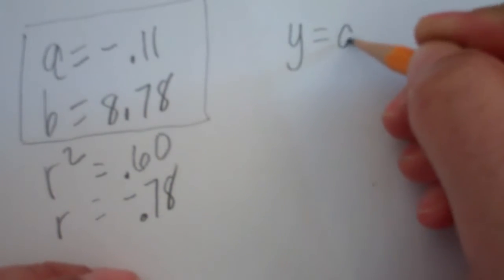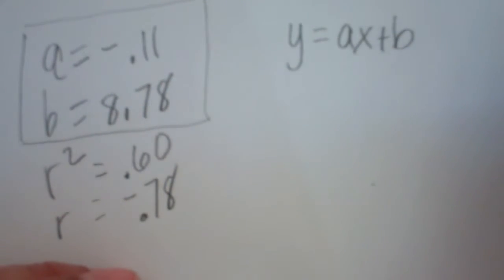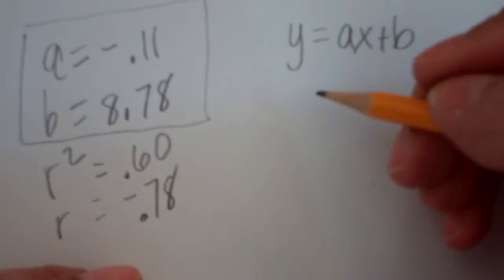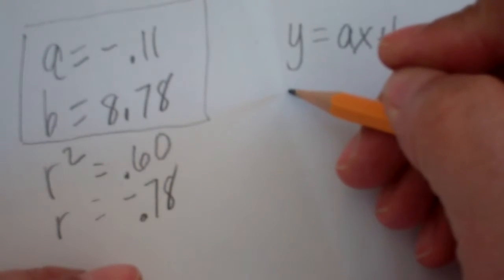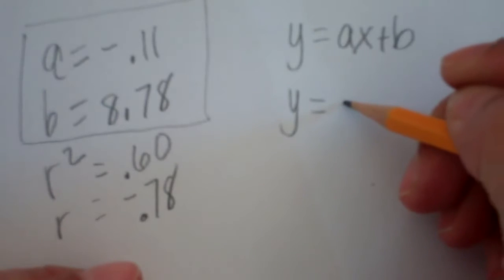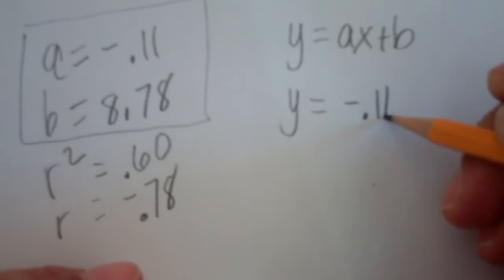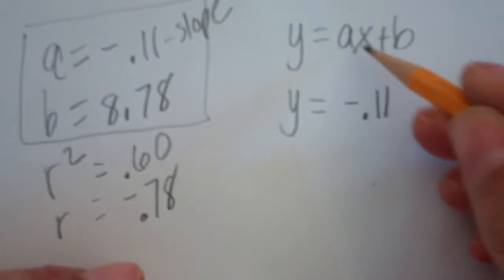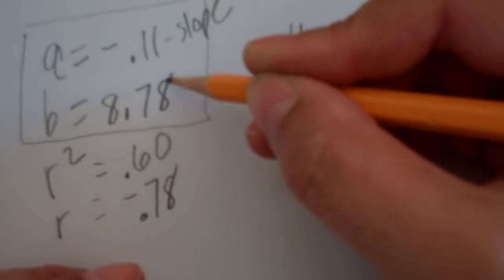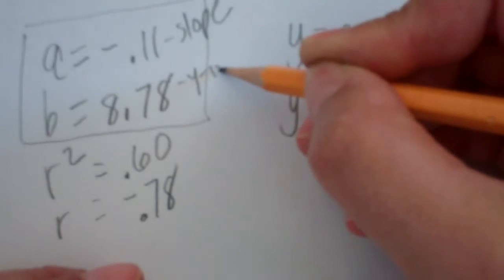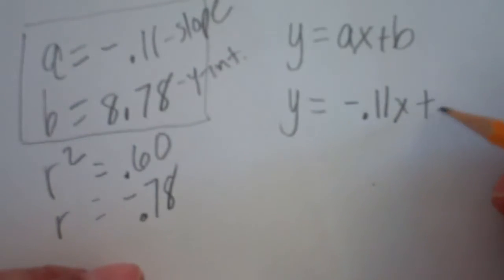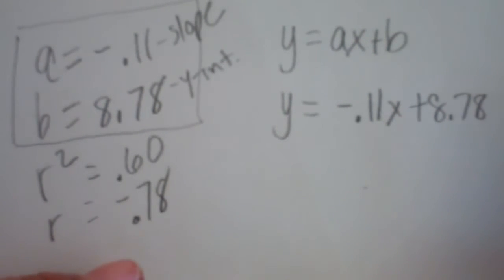So here we have our y equals ax plus b, and that's the linear reg 4 that you will do on your calculator. When we input the slope, -0.11, because this is the slope, and the slope is a, times x, our b, which is our y-intercept, is positive 8.78. If it was negative, this would be a minus. So that's our equation.